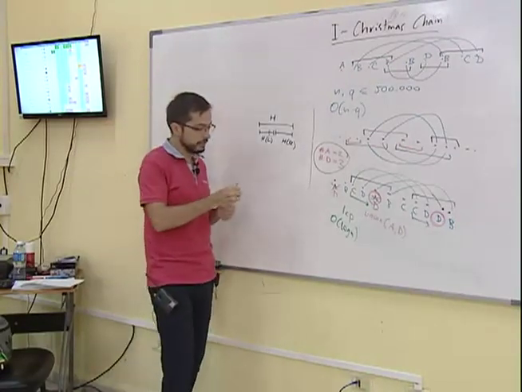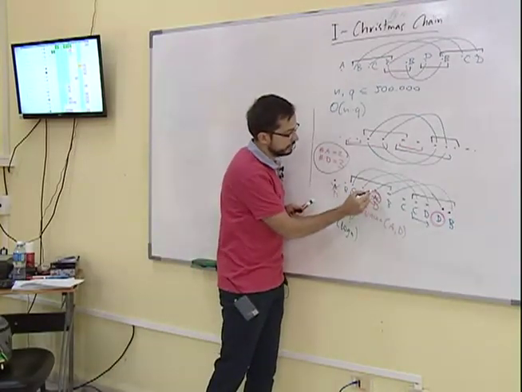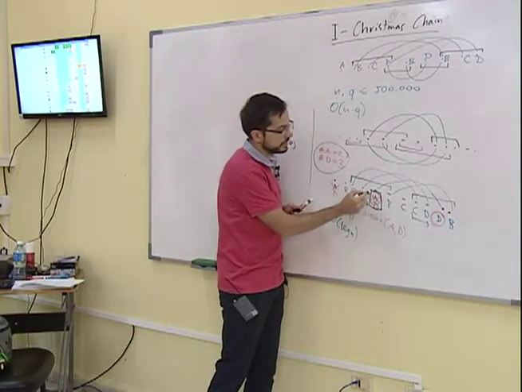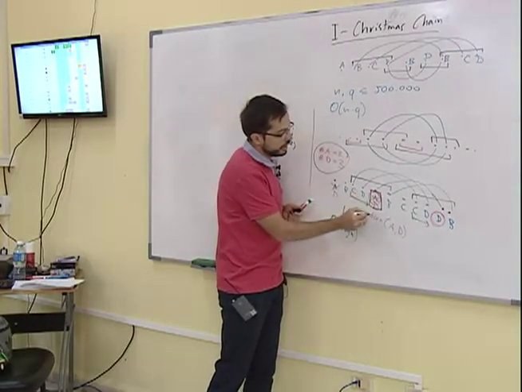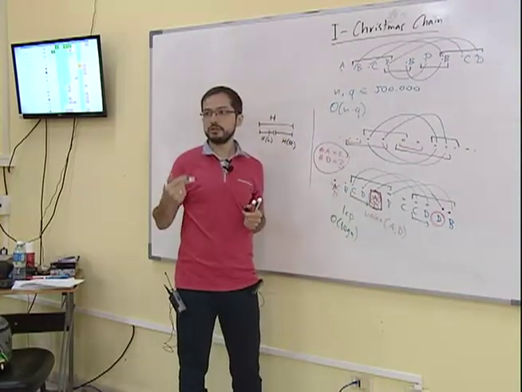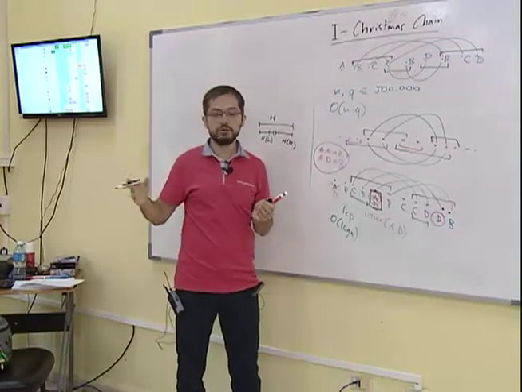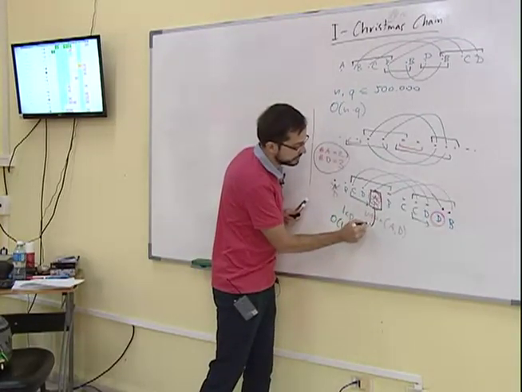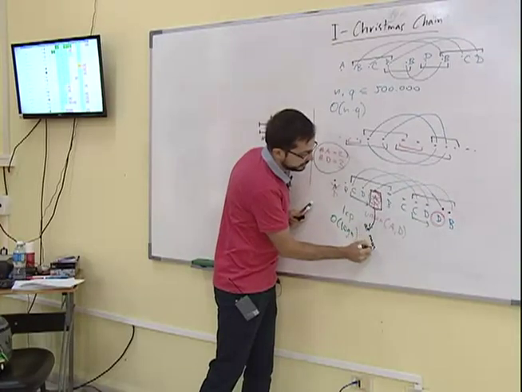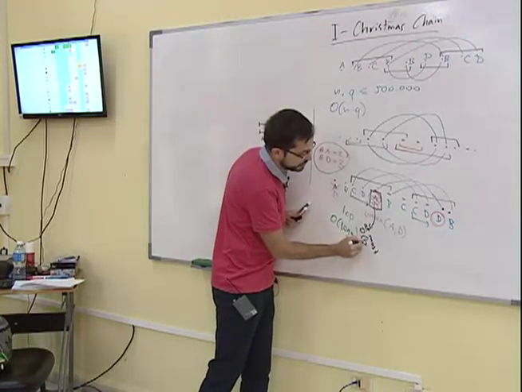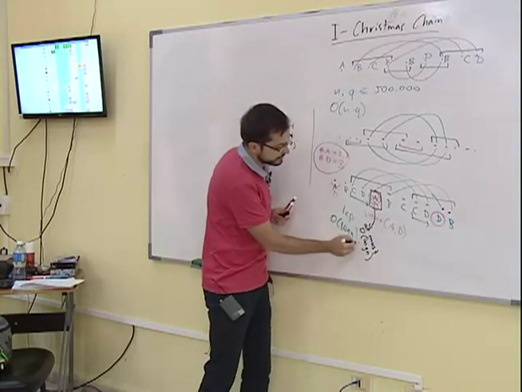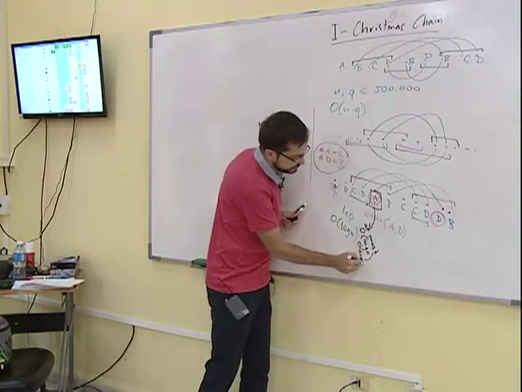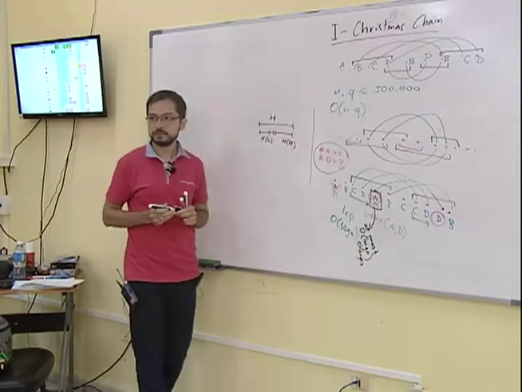So for every node here, for instance for this one, the total number of changes through the whole algorithm will be at most logarithmic. We will have at most log n changes to this position.